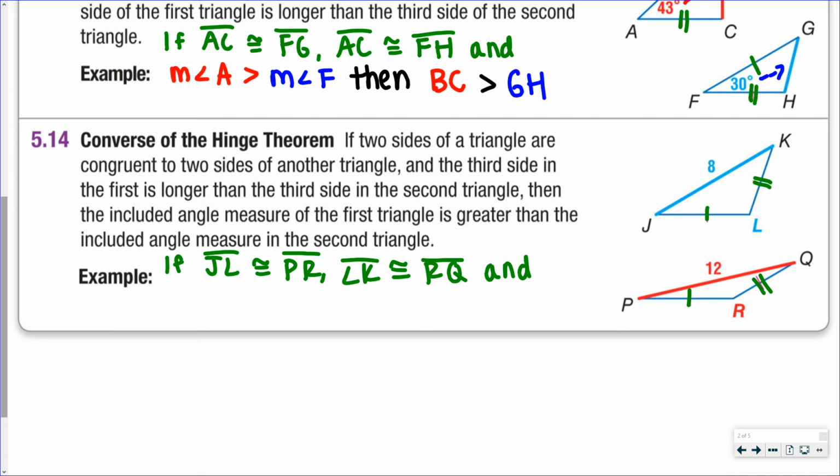Okay, so for the converse, you know the side lengths. You know the third side length of the triangle. So the converse of the hinge theorem says, whichever angle is across from the bigger side is going to be a bigger angle.